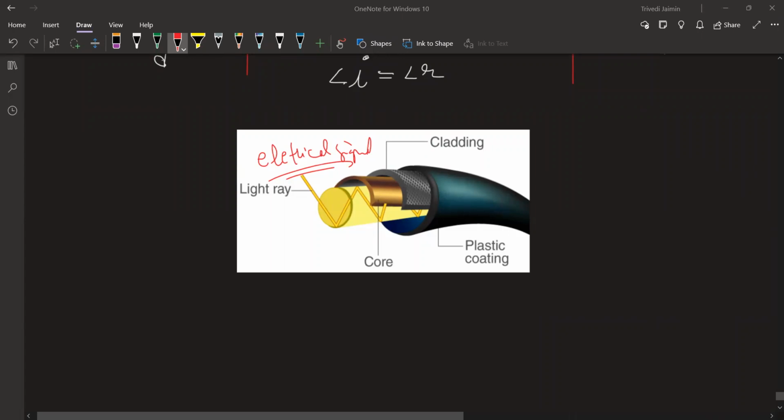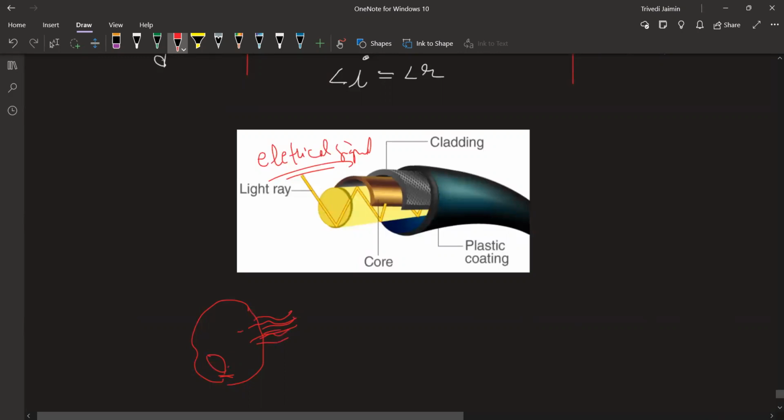Not yet, sir? Okay. I guess you already know what the eye is and what the eye parts are, not exactly detailed. This is the eye and this is the eye lens, and there are some optical fibers.